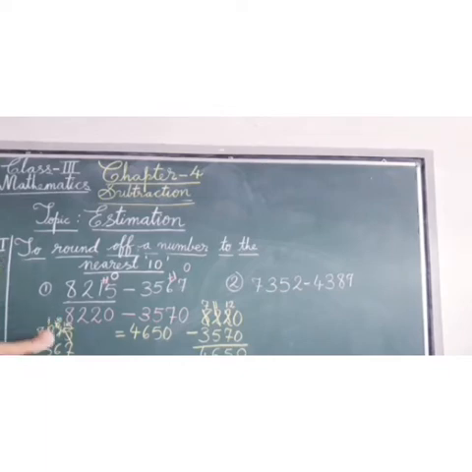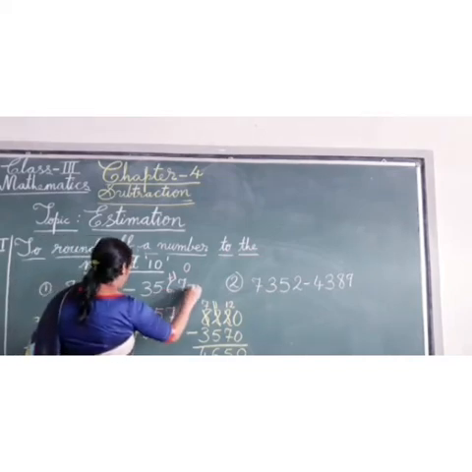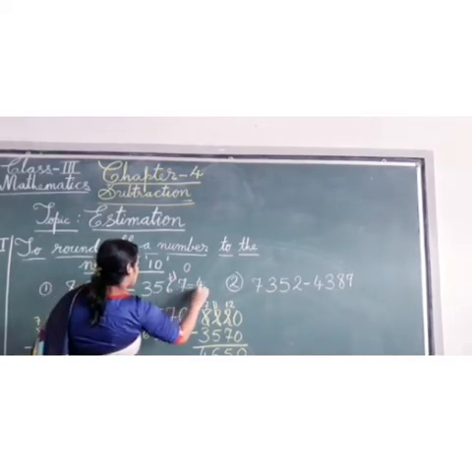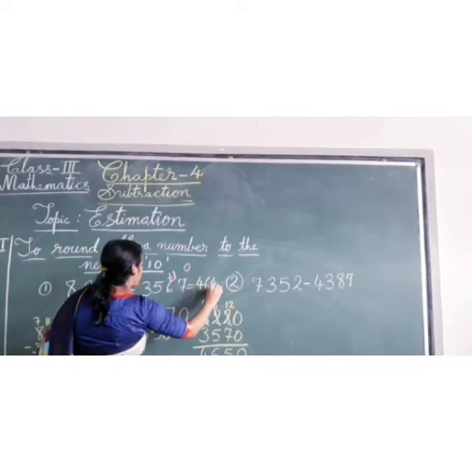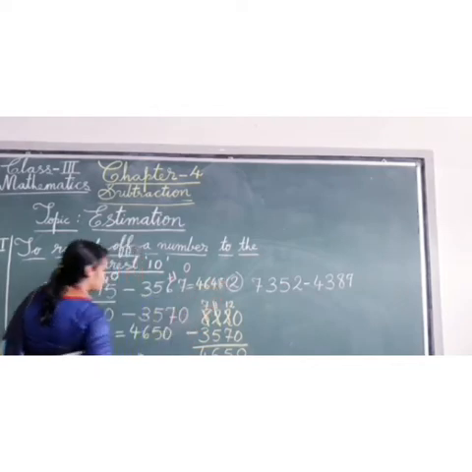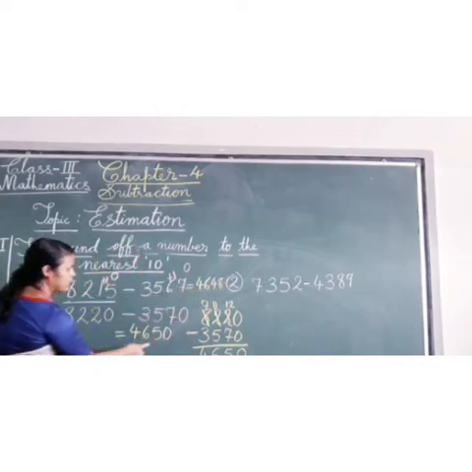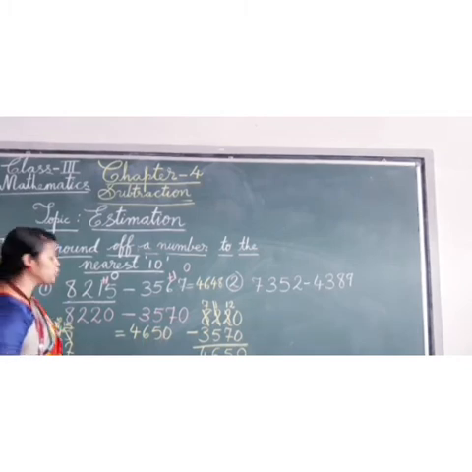Again we borrow, and 11 minus 5 is 6, 7 minus 3 is 4. Here we are getting the answer as 4,648.